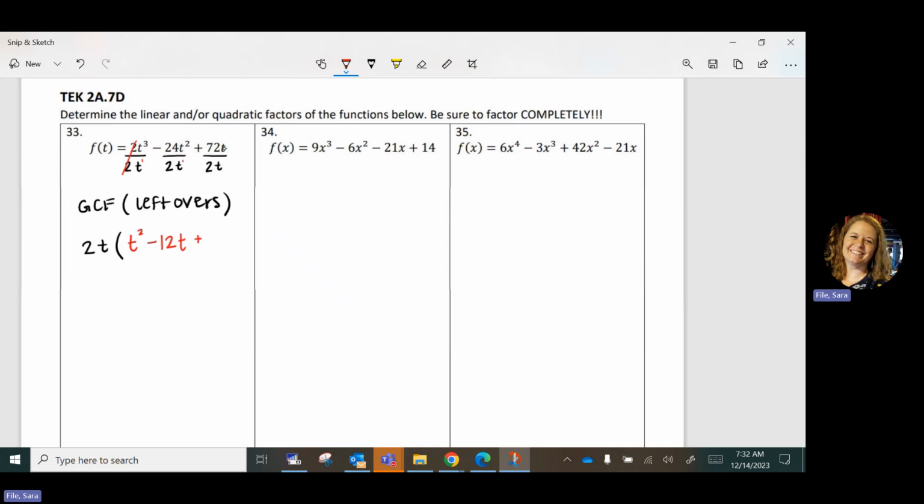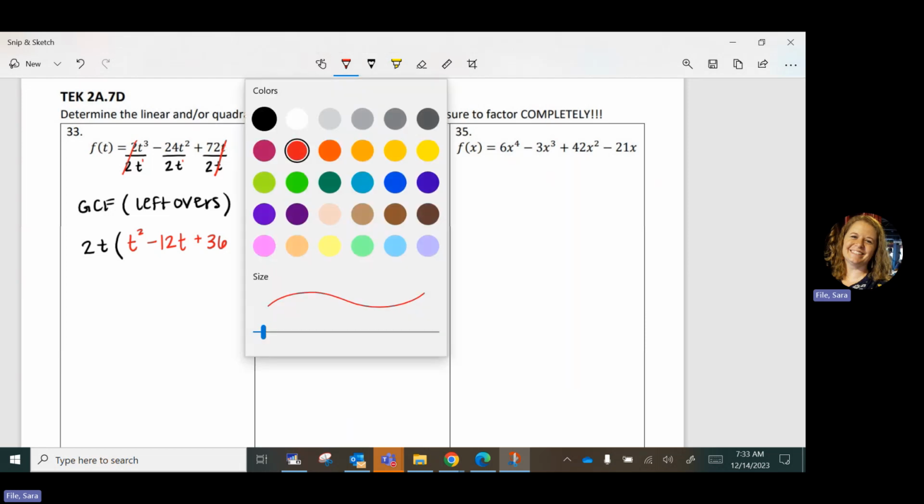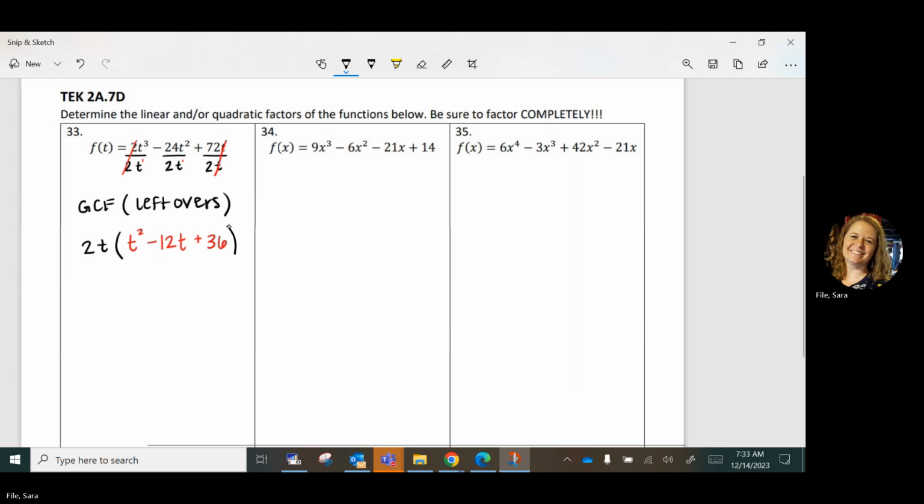And then 72 divided by 2? 36. And then the t divided by t, same as the 2 divided by 2. Anything divided by itself is 1. It's gone. 36 times 1 is still just 36. So I don't have to change anything down there. So far, so good? All right. Now I've got the GCF out, and I'm left with a trinomial in there for my leftovers.